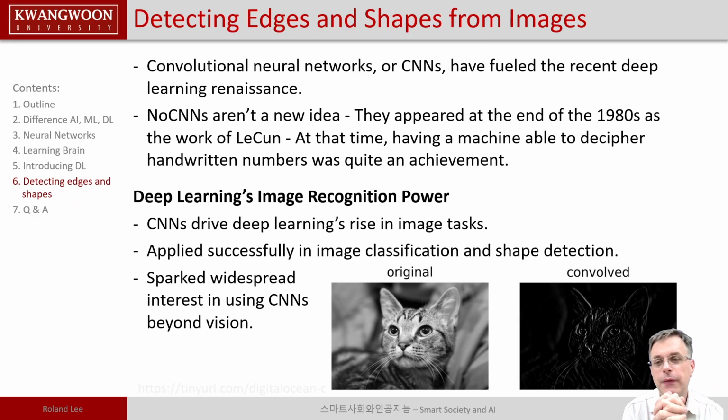Okay, now CNNs are no new idea again. They appeared, as we mentioned already, in the 1980s by LeCun, so we have seen that before. At the time, having a machine able to decipher handwritten numbers was quite a feat, so quite interesting, fantastic.